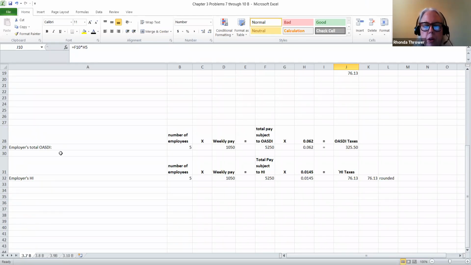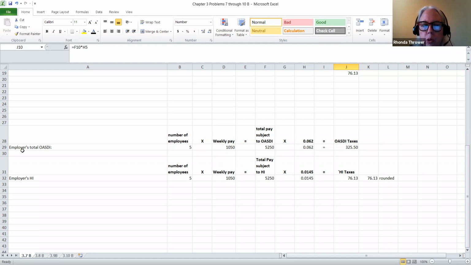In the second part of this problem, they want you to calculate the employer's total OASDI. And the employer has to put in 6.2%, just like the employee did. But the only difference is we're going to take the total number of employees, which were 5, and multiply it by the weekly pay to get the total pay that was subject to the OASDI taxes.